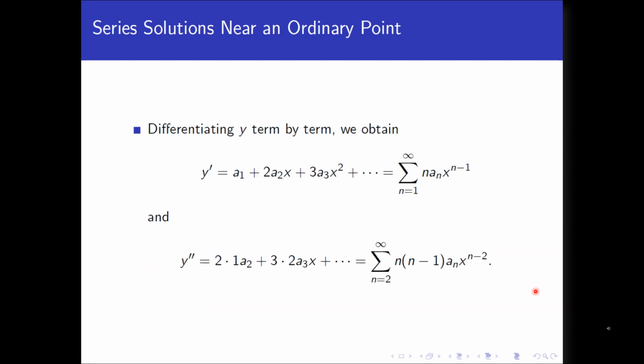Then we differentiate the series for y term by term and obtain power series representations for y prime and y double prime. Here observe that the series for y prime ranges from 1 to infinity, whereas the series for y double prime ranges from 2 to infinity.